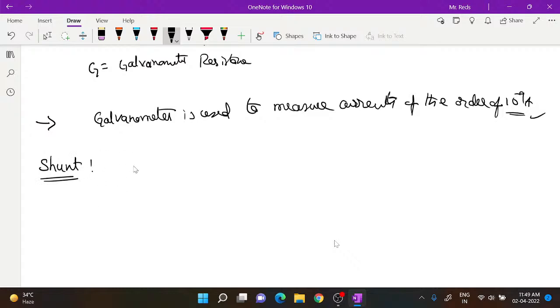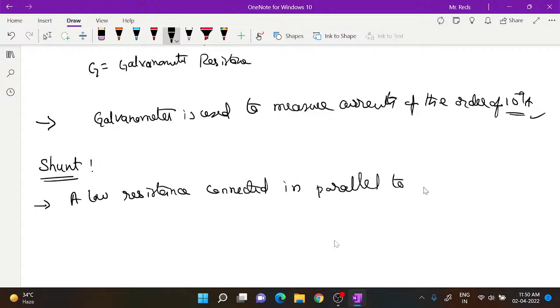If you want, you can note down this definition as well, if you can remember: a low resistance connected in parallel to the galvanometer. It is connected in parallel to the galvanometer just to protect it.